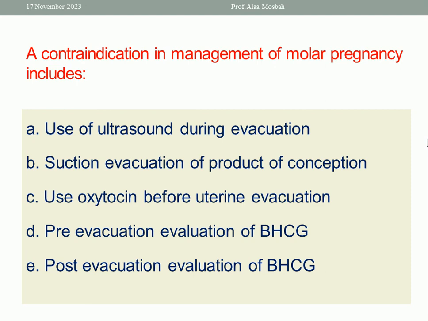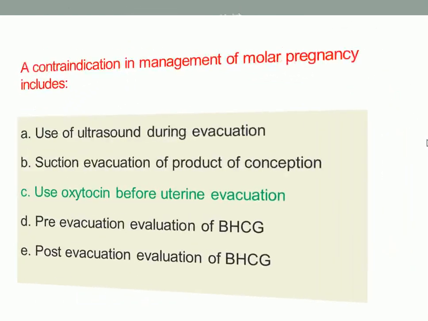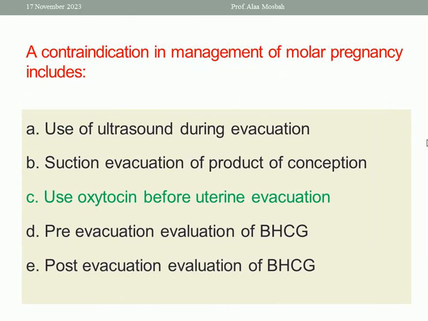Okay, the one best response here is C. Use oxytocin before uterine evacuation. Why? Because there is risk of amniotic fluid embolism, because the cervix is closed when you give oxytocin infusions, so this is dangerous.